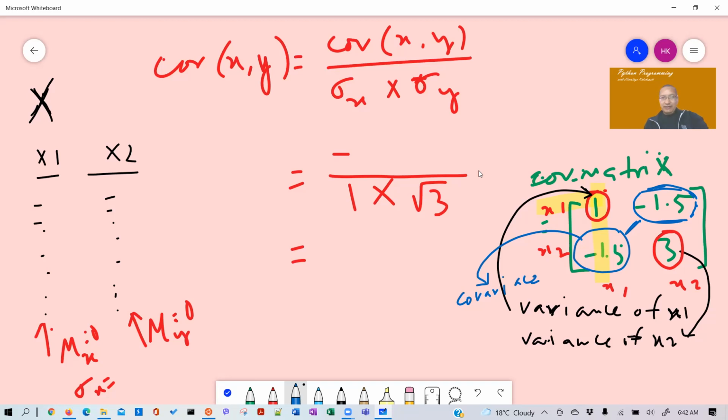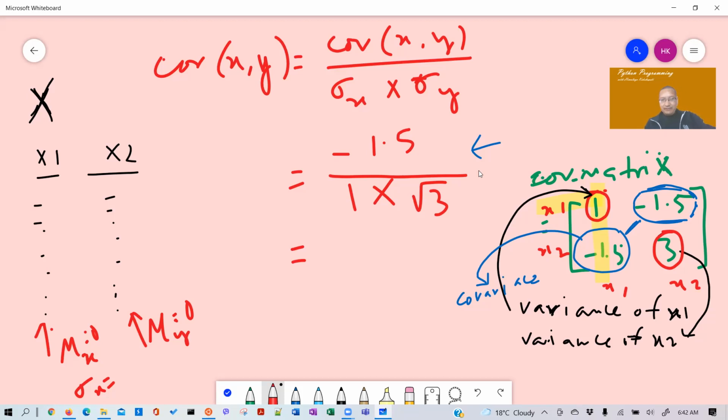When you see, let's plug in the numbers. What is the cov xy? What do I put here? Given the covariance matrix, minus 1.5. Okay, very good. Minus 1.5, you said that's the covariance. Now what is standard deviation sigma x?